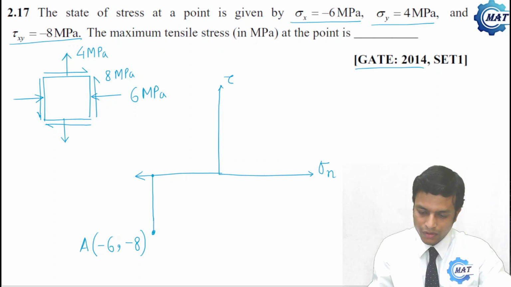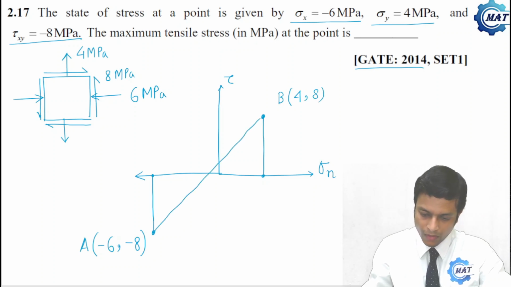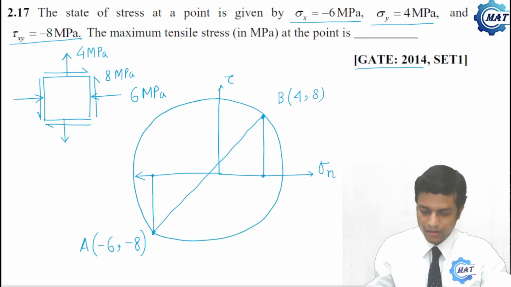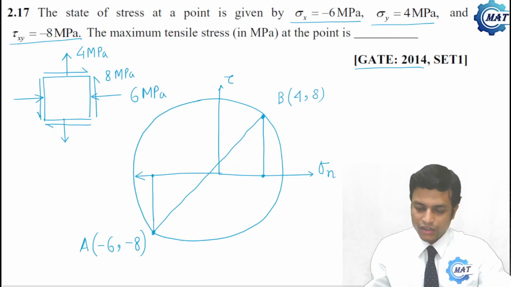So this is 4 comma 8. Coordinate of point B is 4 comma 8. So this is the Mohr circle for the state of stress.